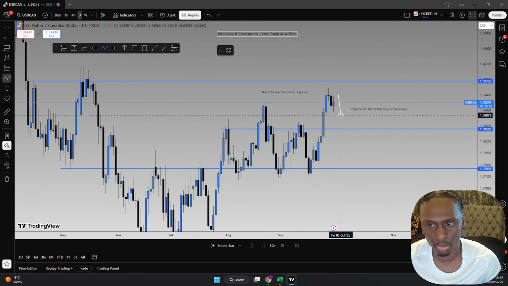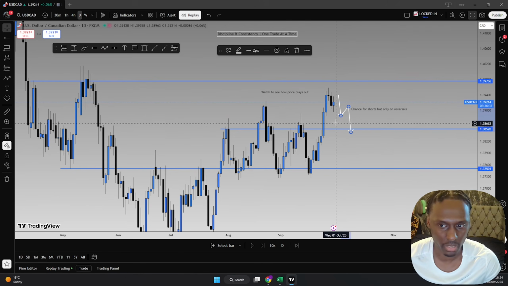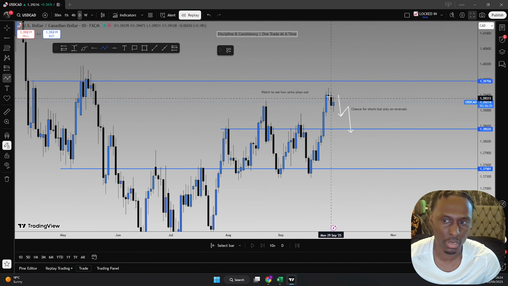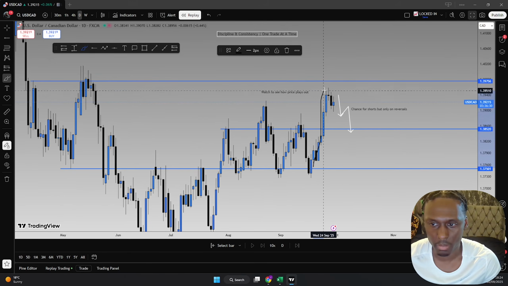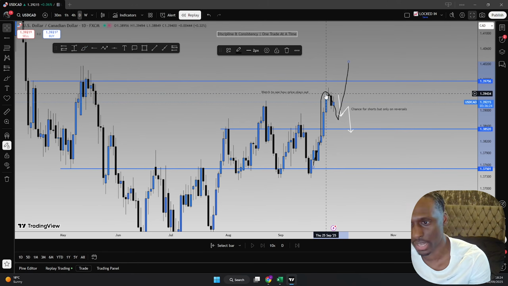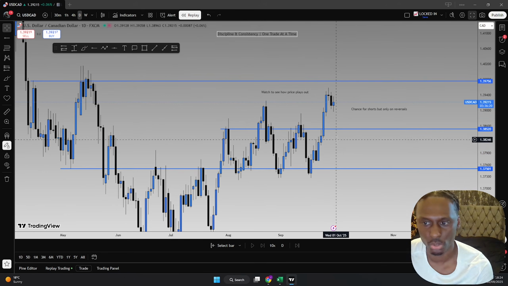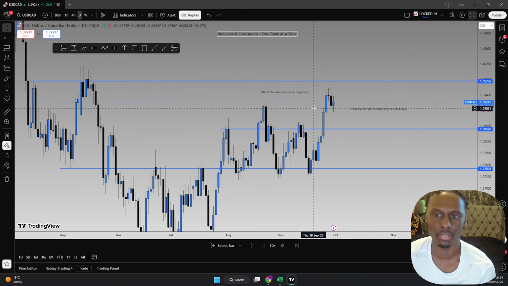I see a big drop, and I'm too biased toward looking to short on a break and retest, thinking, okay, cool, price is going to pull back into here. And sometimes all it is is that price just gives us a deeper pullback, and then it just shoots back up, essentially making a higher low. You know what I'm saying? So that's why I said to myself, okay, cool, the only way I'll look to short is if we get a reversal, and that's something that works for me.